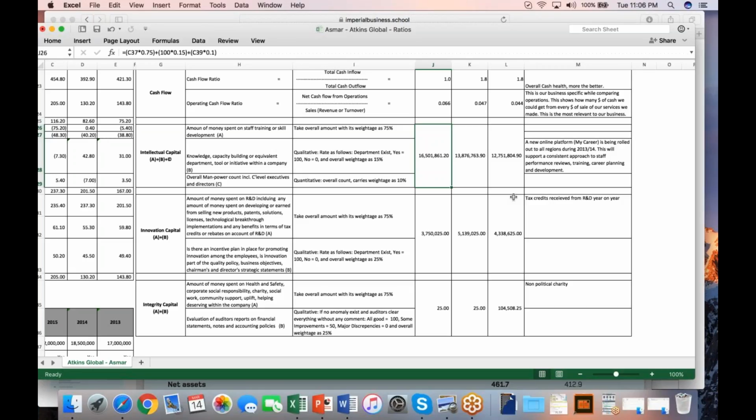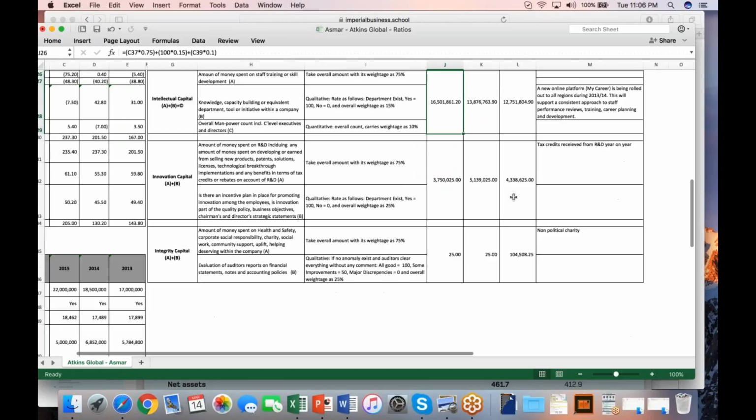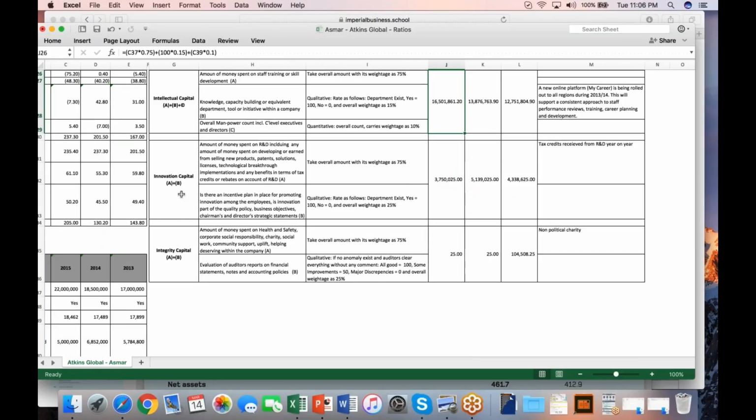So let's go to the second one, innovation. Now this is very interesting, and I really enjoyed calculating this. It's a bit tough, but I'll let you know how. Amount of money spent on R&D, and here I want to know what details you have in your annual reports.